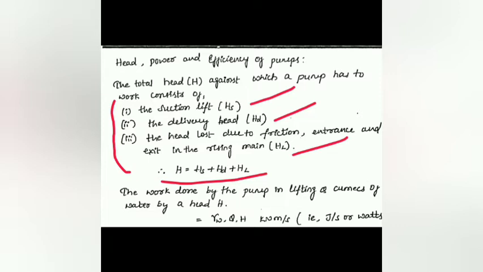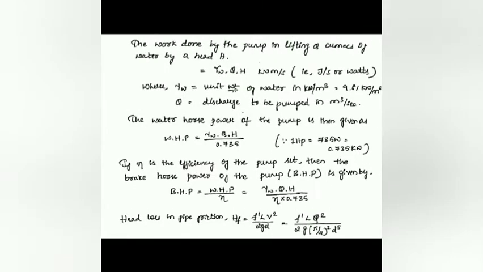Next, the work done by the pump in lifting Q max of water by the head H is calculated by the formula gamma W into Q into H, in kilonewton meters per second, or joules per second, or watts. Here gamma W is the unit weight of water, 9.81 kilonewton per meter cube, and Q is the discharge to be pumped in meter cube per second.